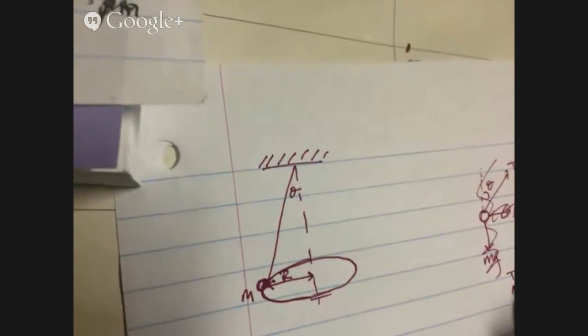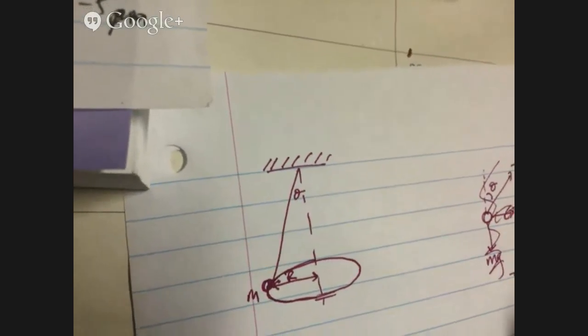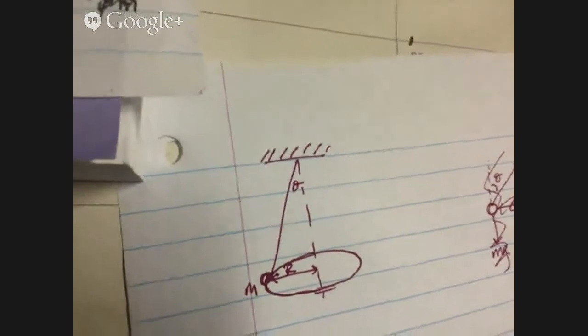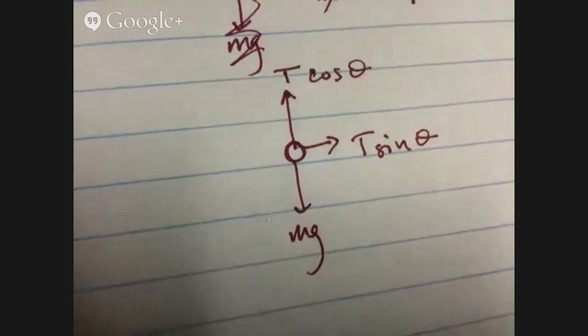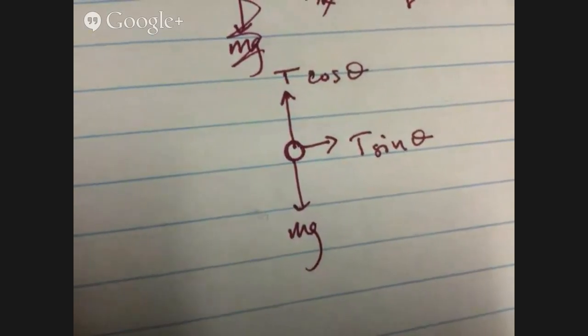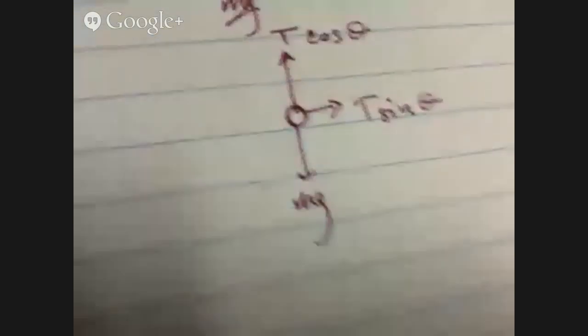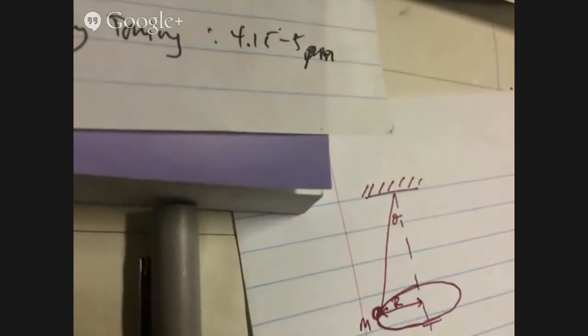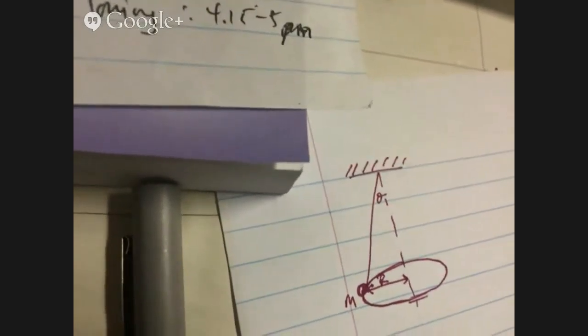Okay. So then this is T cosine theta, T sine theta. So that's more like it, right? Yep. Now write out the equations. In the vertical direction, T cos theta minus mg equals 0.